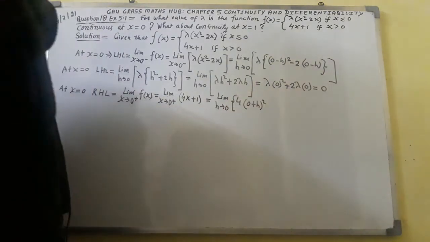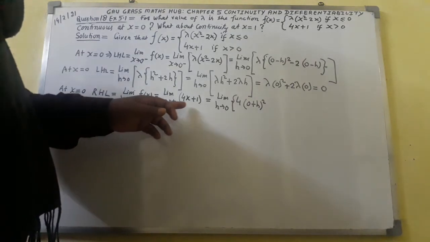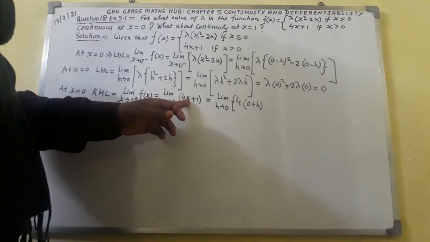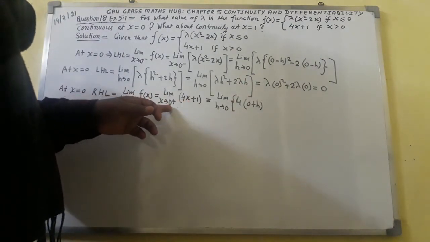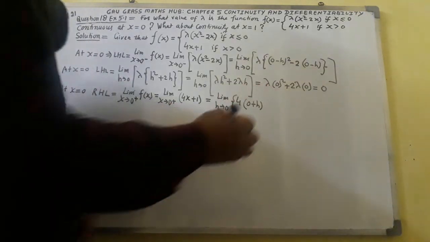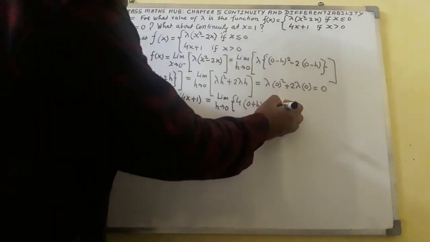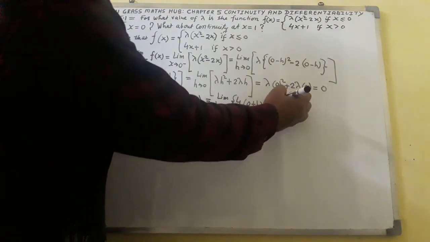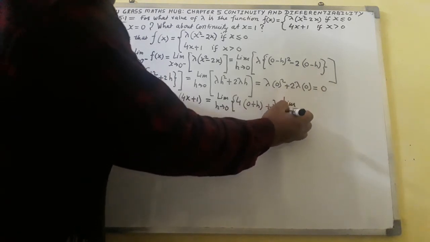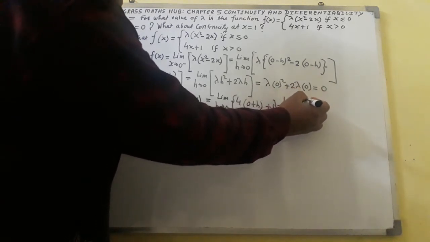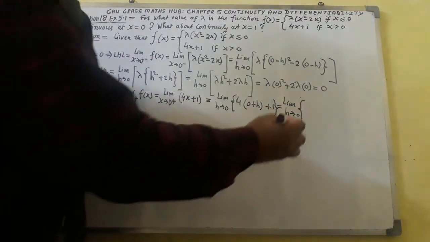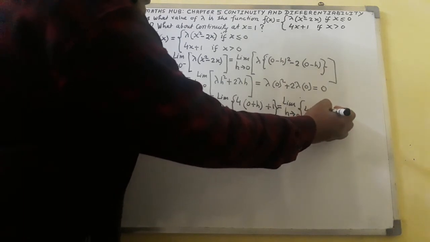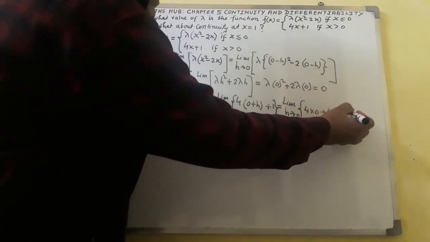In place of x, I shall write 0 plus h. So write 4 times (0 plus h) plus 1, equal to limit h tends to 0 of 4 into 0 plus 4h plus 1.